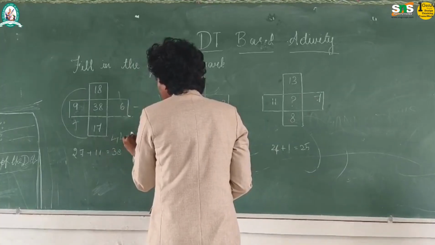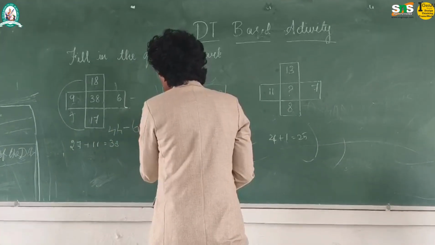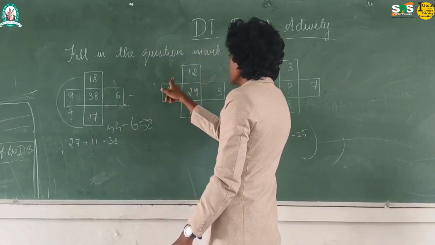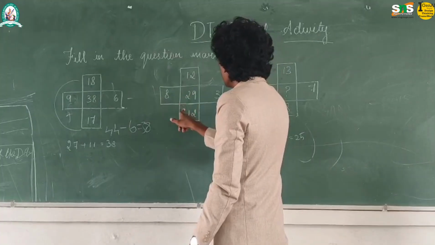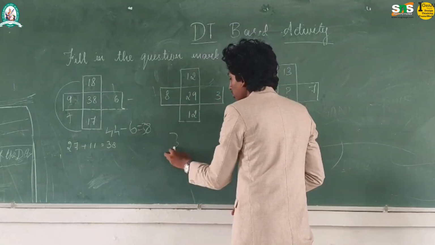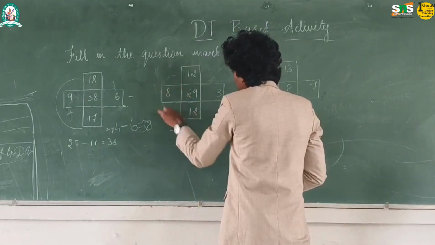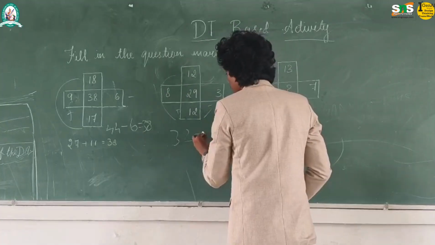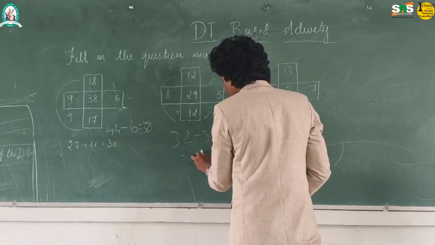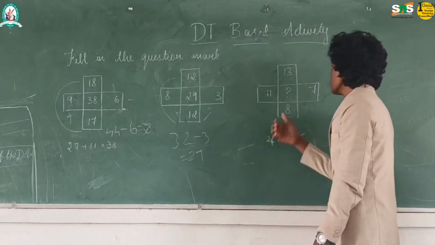So 44 minus 6 is 38. Then 20 plus 12 is 32, and it is minus 3, so 29.